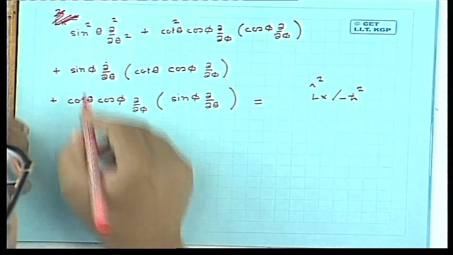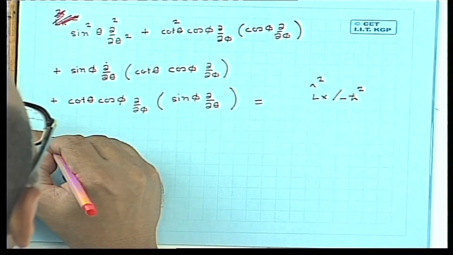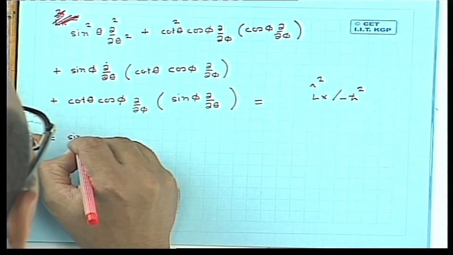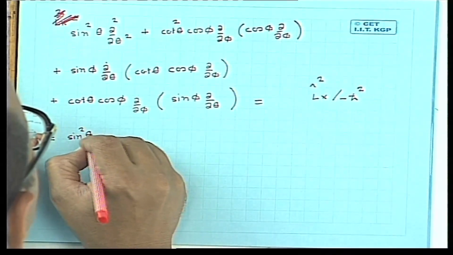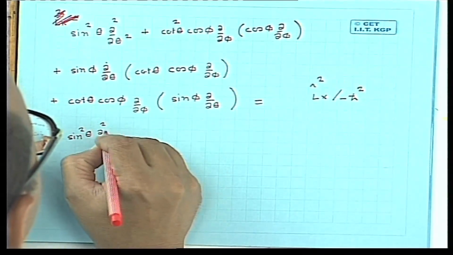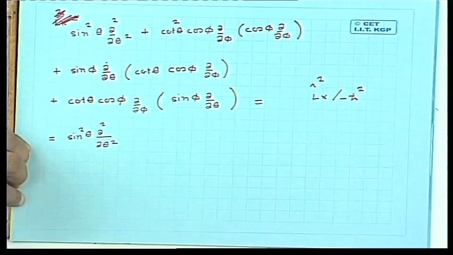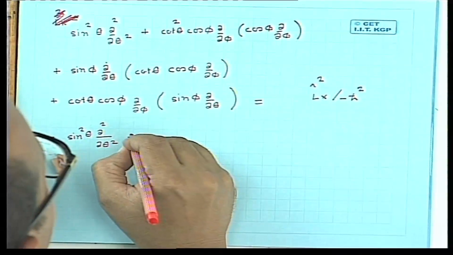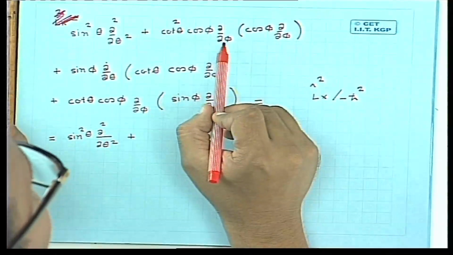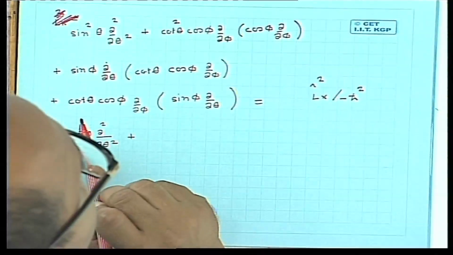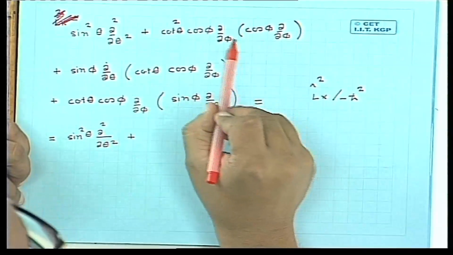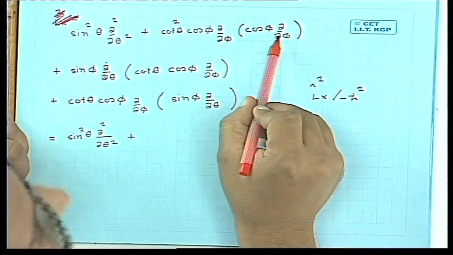So this, the first term, is equal to sin square theta del square by del theta square, plus there will be two terms, one when the phi differentiates cos phi, del by del phi acts on this, and another will be the second derivative with respect to phi.